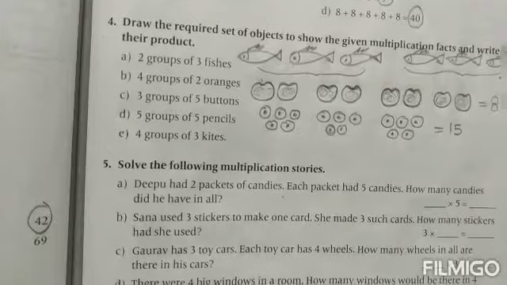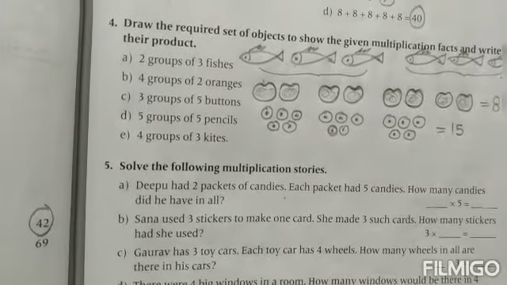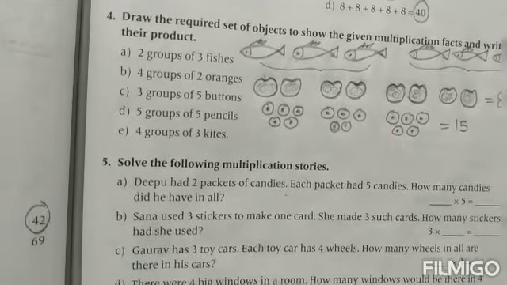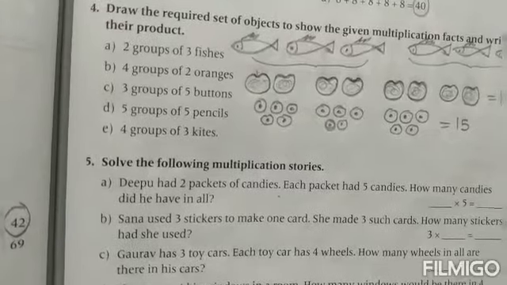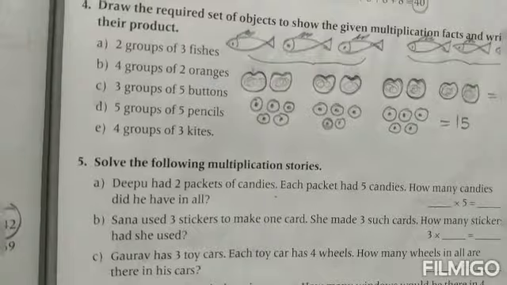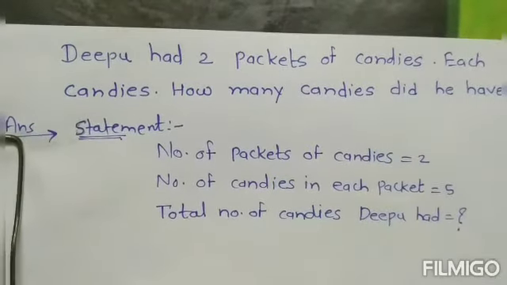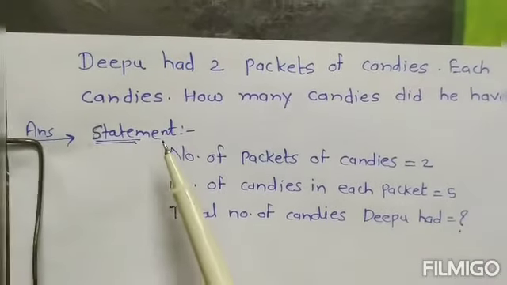See, our first sum is: Deepu had 2 packets of candies. Each packet had 5 candies. How many candies did he have in all? To find out the answer, first write down the statement.